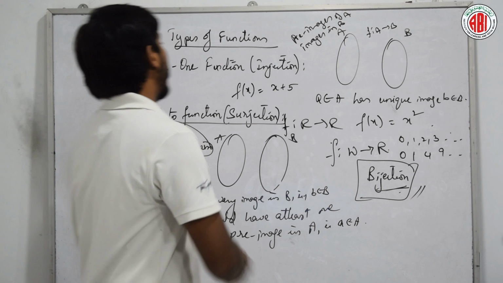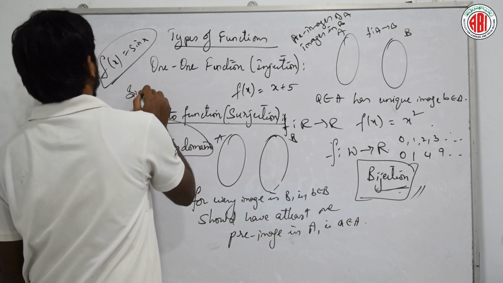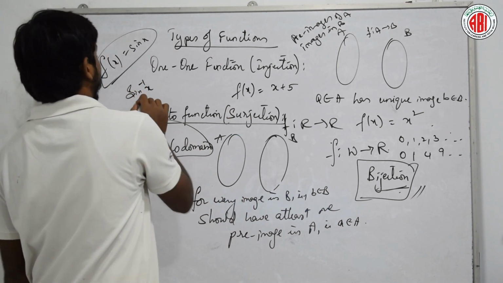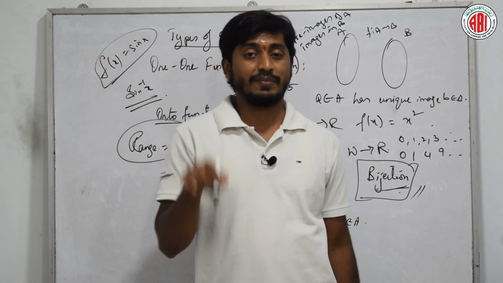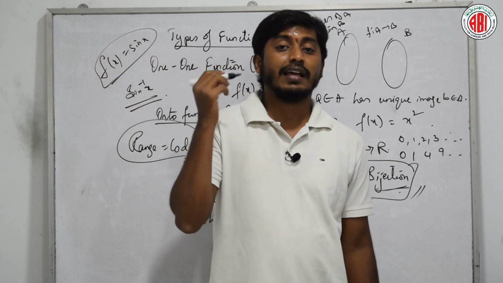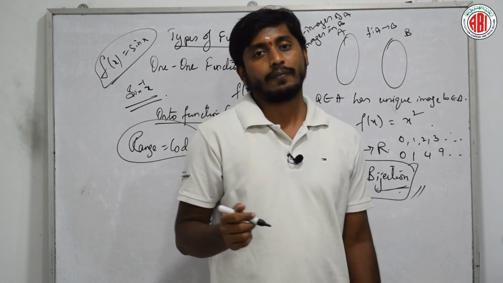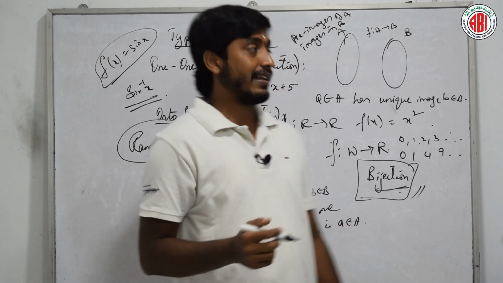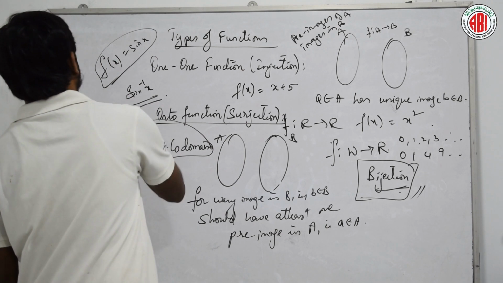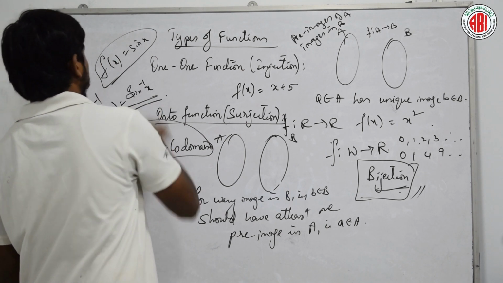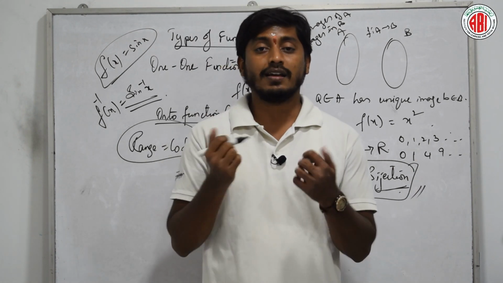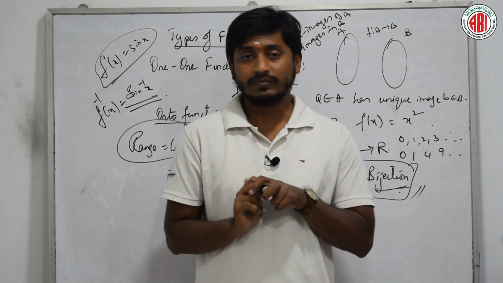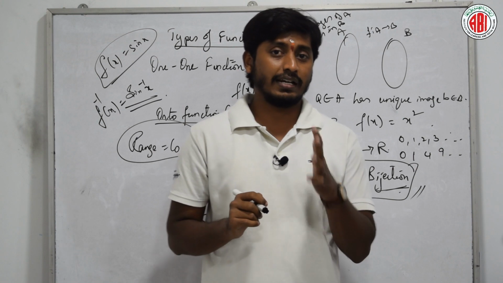Therefore, that's why a function called sin inverse exists. Clear? Sin inverse is not just 1 by sin. Sin inverse itself is a function. That is nothing but f inverse x, which is sin inverse x. It always exists because sin x is a bijection. Is it clear? Did you understand?